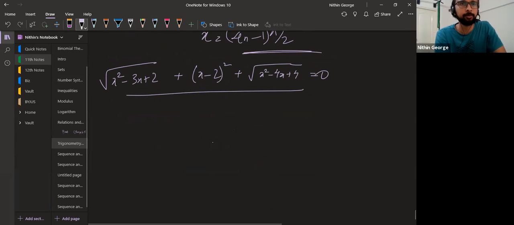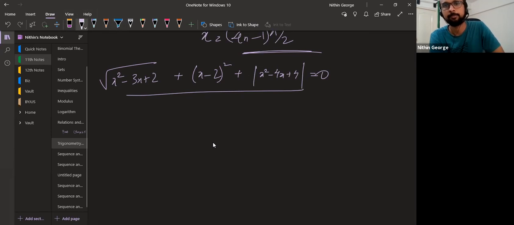Sorry, one second, my bad. Just remove one thing. How do you solve this equation? Let's try solving this.